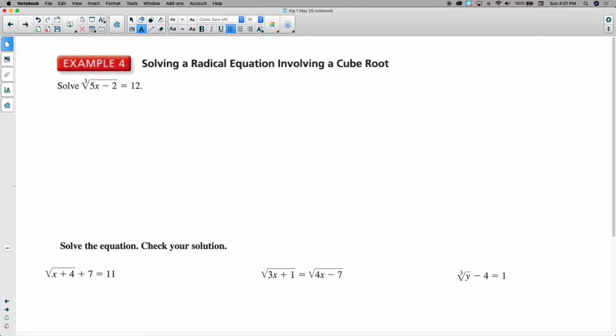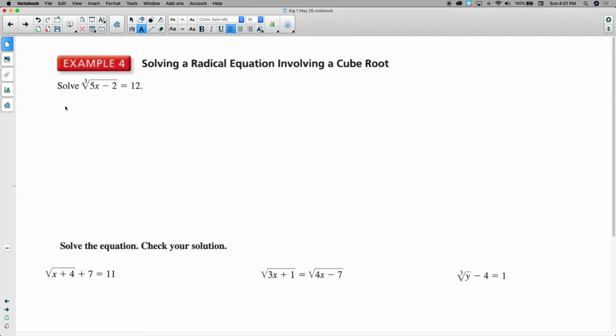Okay, so coming over to this side, first and foremost, we're going to notice that the theme has now changed a little, because we're not going to be squaring each side because this isn't a square root, but I'll bet you can guess what we're going to do. What's a clever way to get rid of a cubic root?